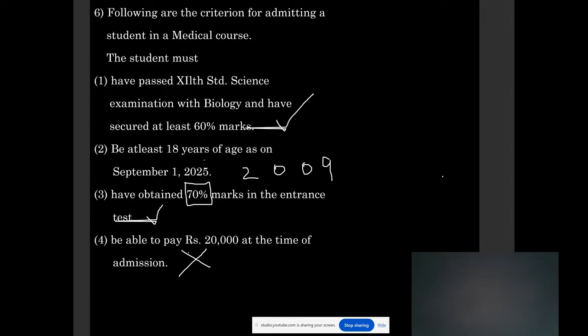But in our question, the cutoff date is 2025. So if you add that one, approximately his age will be 16 years. So he is not satisfying that age criteria also.